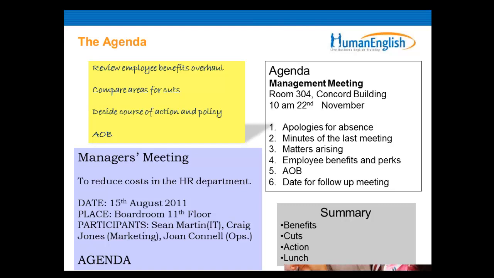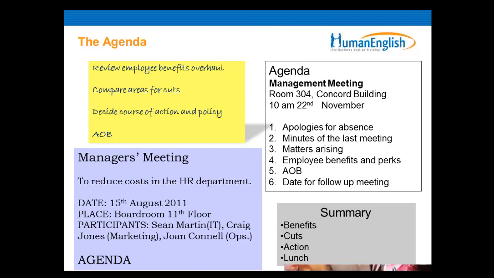Which agenda or agendas do you think are the best ones? The first, second, third, or fourth? Which one or ones do you think are the best agendas? Okay, Oksana stated number 3. 2 and 3, right, Gunther.